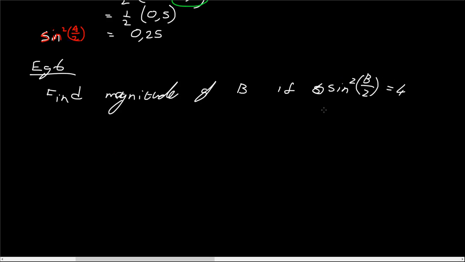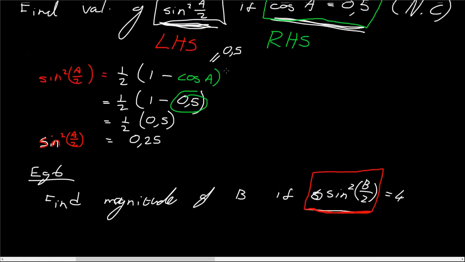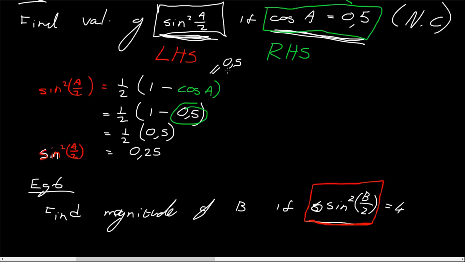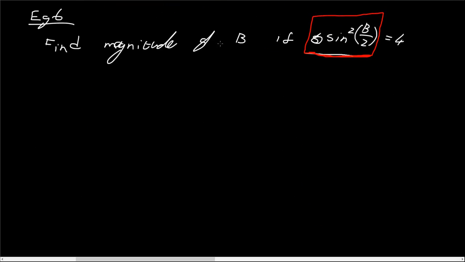So let's go back to our list of identities and find something that's got the form a sine squared b over 2 in it. That's going to be our first step. Okay, so I'm actually just going to look it up here.